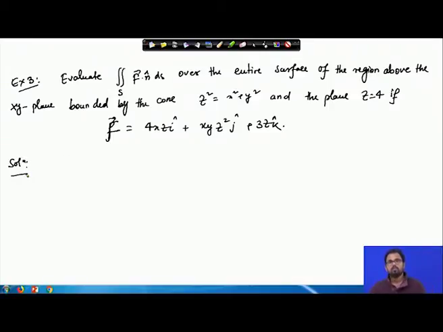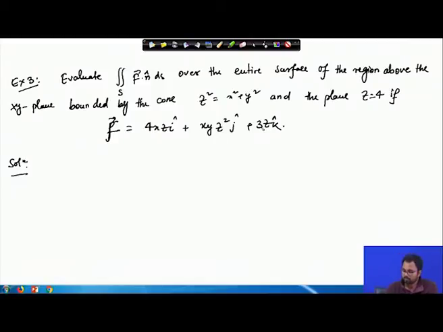So, here we have to evaluate this surface integral, where we have the given vector function and the given surface, which is actually the region above the xy plane bounded by this cone and the plane z equals 4.